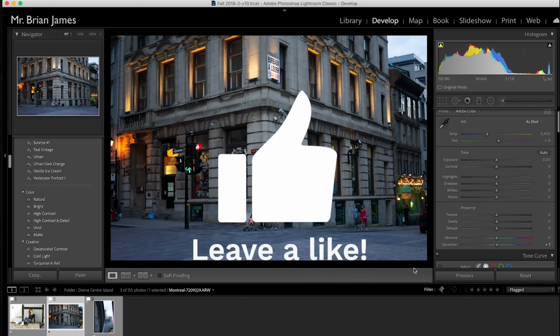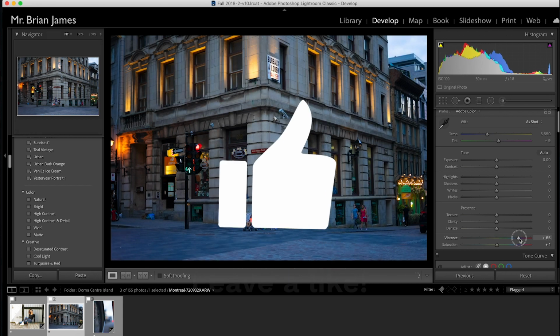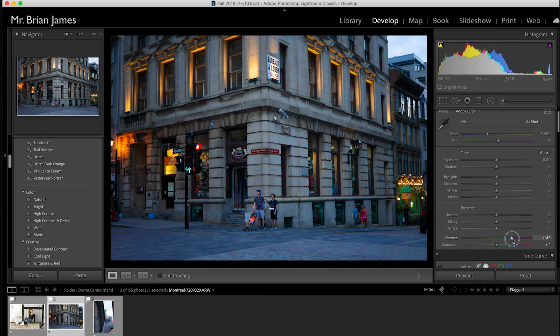Let's look at this example here. Again, we look at our histogram. As we raise the vibrance, and this is leading me into my next point, look how the colors get separated here. Look at your yellows and your reds getting separated from the blues.